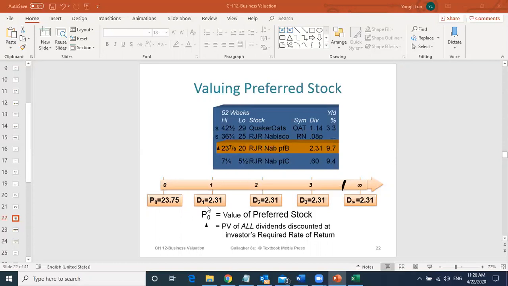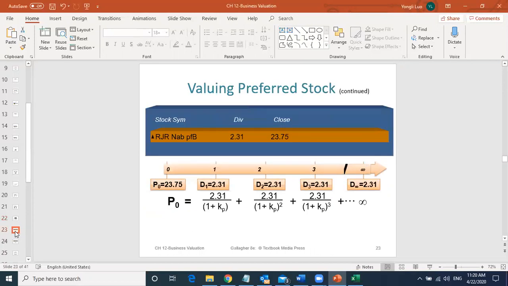If the dividend will be paid forever, how are you going to determine the price of the preferred stock? This is how you calculate the value of preferred stock. You discount all the future cash flows to the present and sum them up.